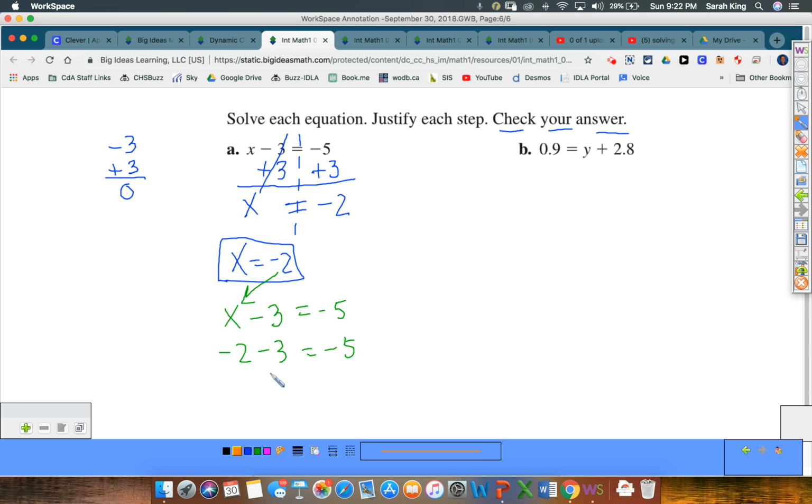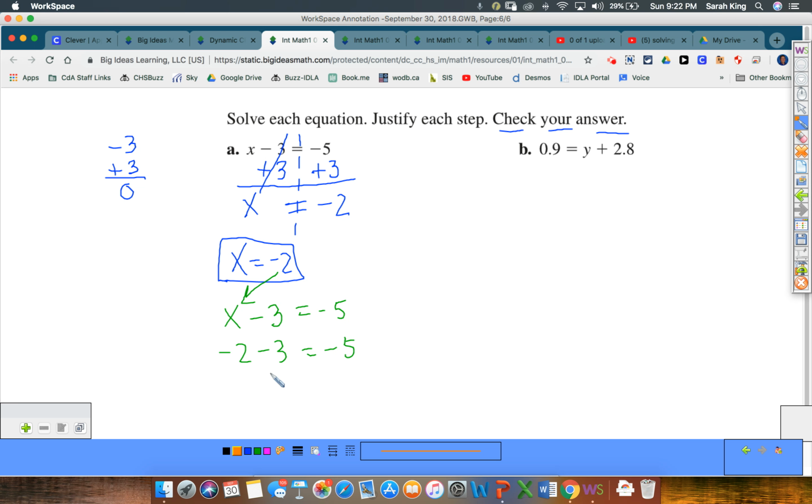Whatever I do to one side, I must do to the other side. So I like to draw a straight line underneath. Notice all the steps I'm taking to stay organized, and it just flows down the paper. Then I rewrite this little line underneath just to keep myself organized. Now 2.8 minus 2.8 turns into 0, but I don't write that down. Instead, I just cross them out, and they go away on that side. What is left is y equals, and we put these together and use your calculator.